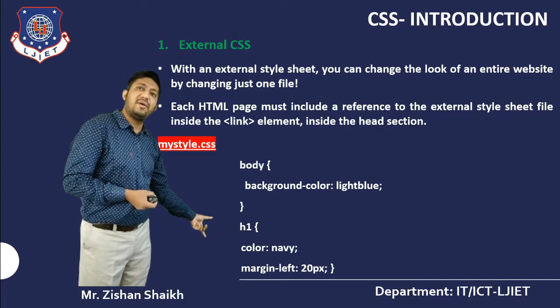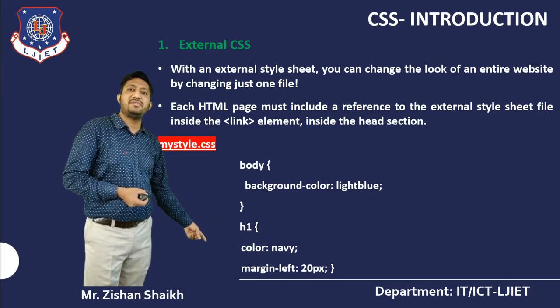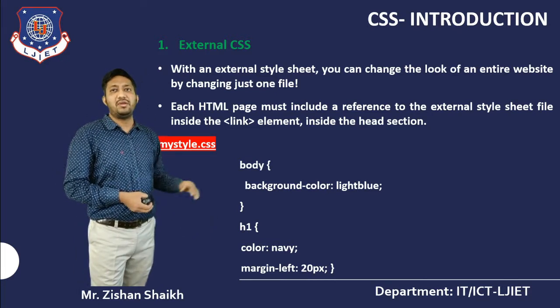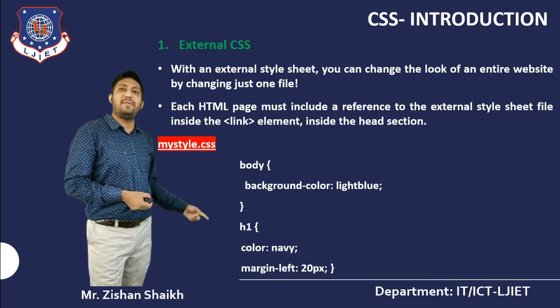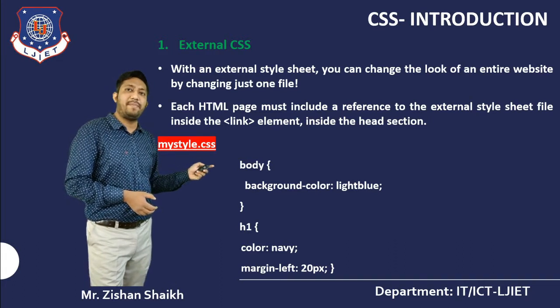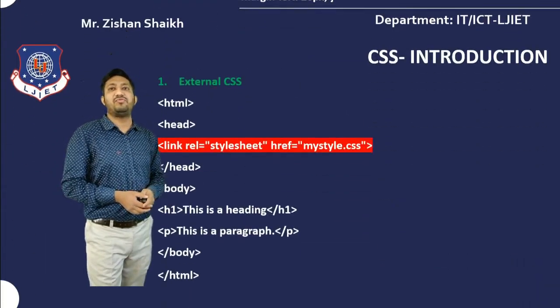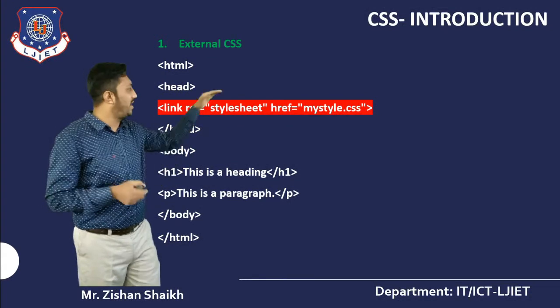Now I am writing another element here, h1. In h1 my color is gray and margin from left is 20 pixels. So I am styling two elements using the element selector. Now how does my HTML file apply these properties? For that we have to write one link reference in my head tag.